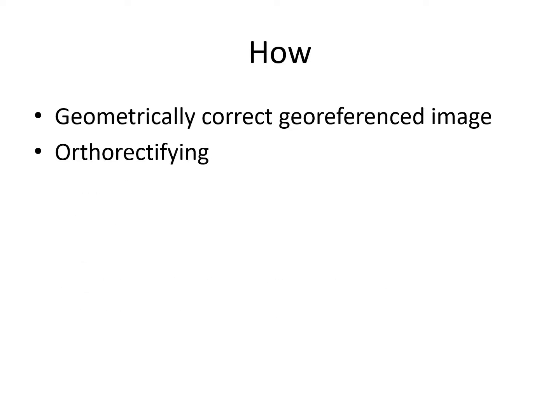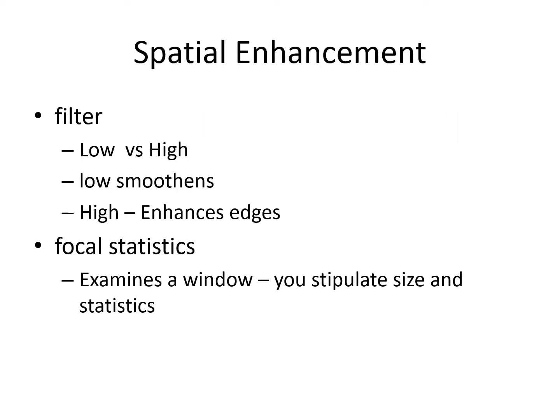So let's look specifically at geometrically corrected georeferenced images and orthorectifying. And we're going to loosely also look at spatial enhancements. This is use of filters, high versus low, smoothing things out. So if you've got a sensor that's maybe got a little bit of a glitch, you can smooth out the image and sort of absorb that noise.